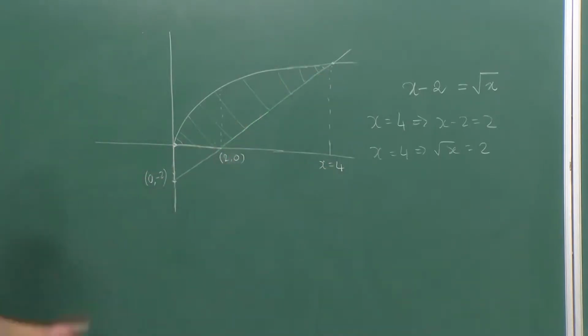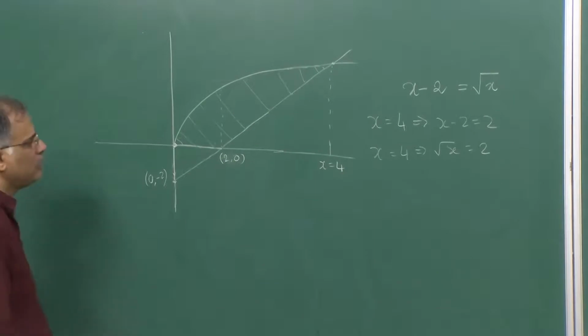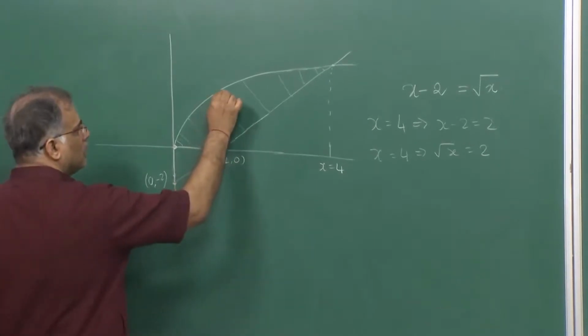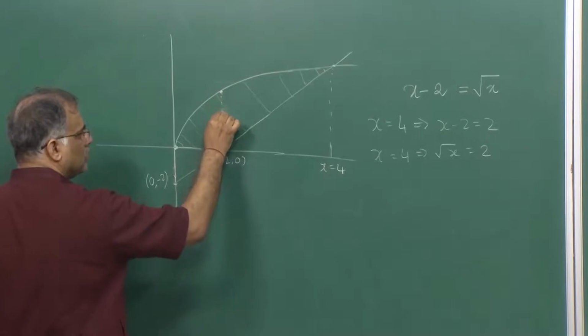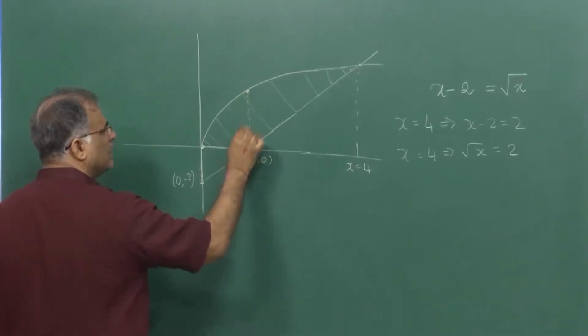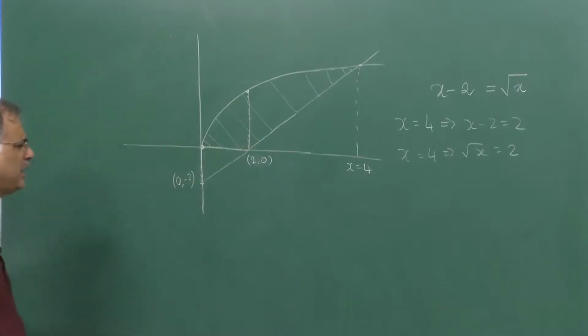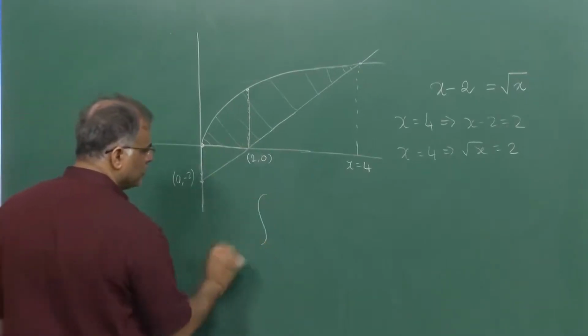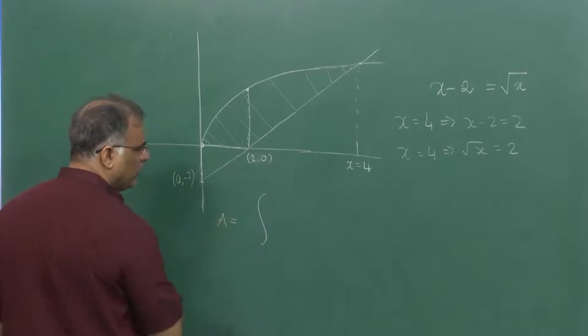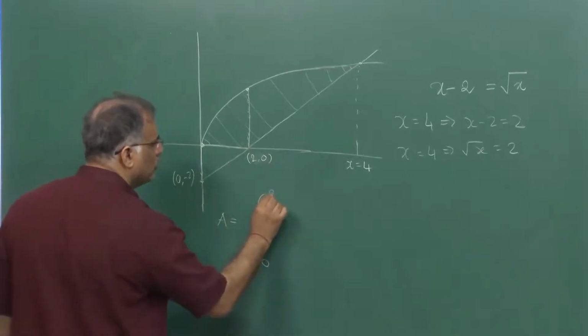But people will make a division. What division will they make? People will divide like this. First they will take the area of root x from 0 to 2.